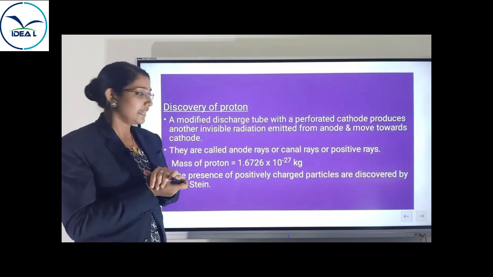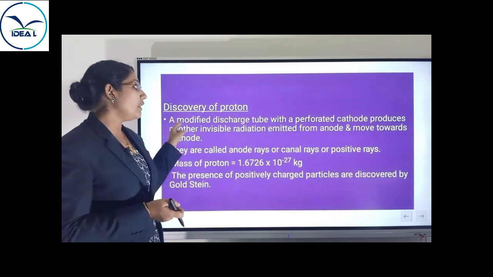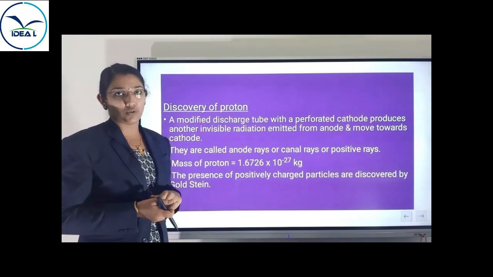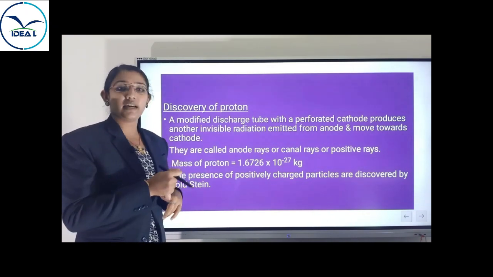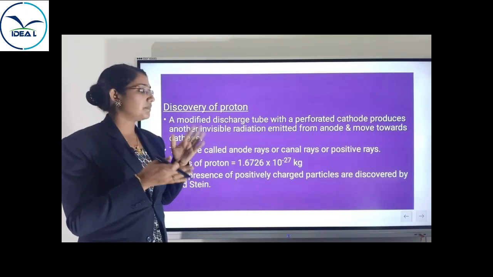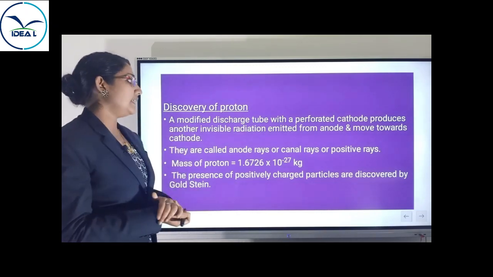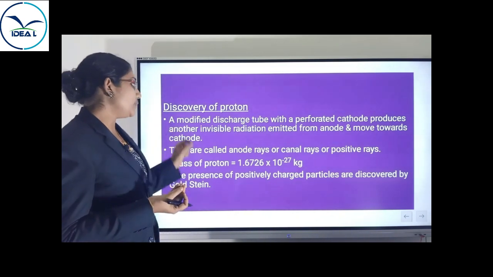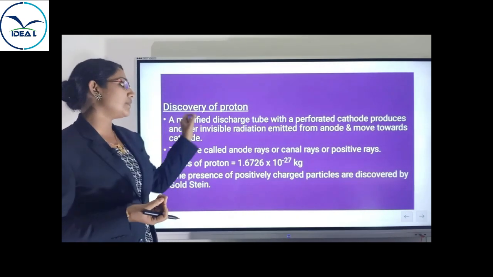But here a modified discharge tube with a perforated cathode. What is meant by perforated cathode? It means that the cathode consists of holes.